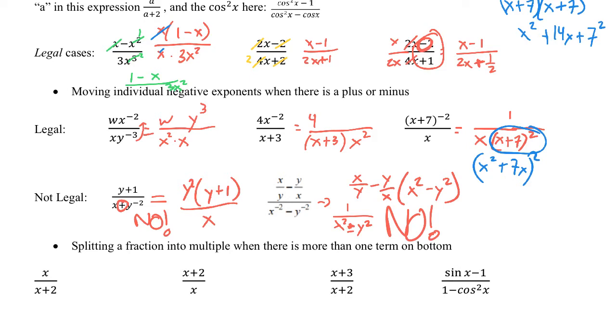Okay. Next, trying to split a fraction into multiple fractions when there's more than one term on bottom. So this first one, as I just covered, that x never just goes away. But also some people might, instead of canceling the x, say this is the same as x over x plus x over 2. No, it is not.